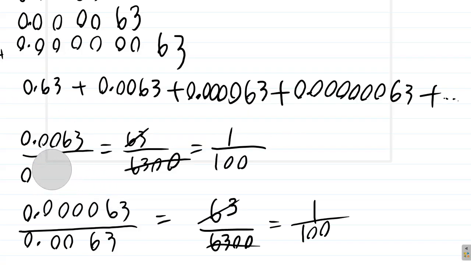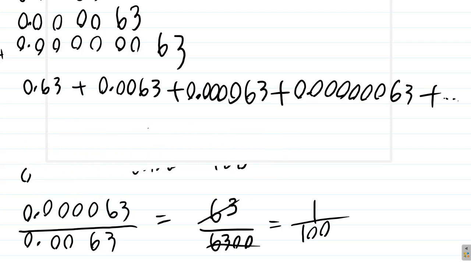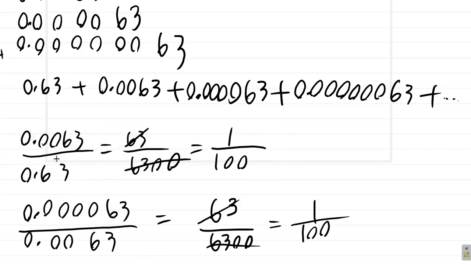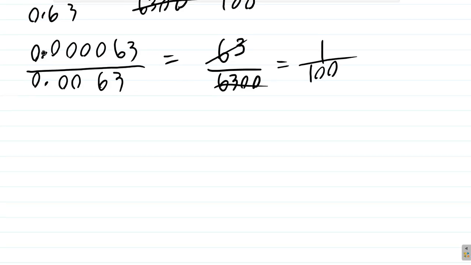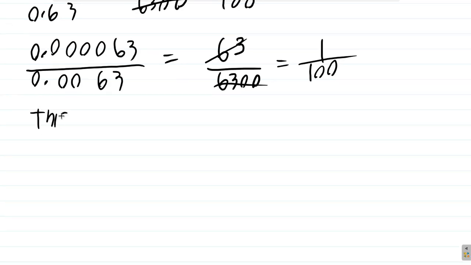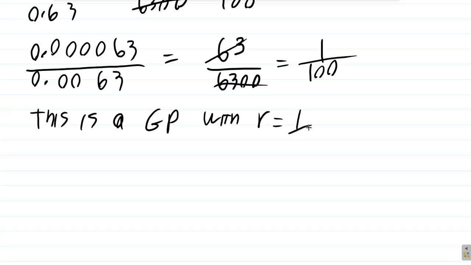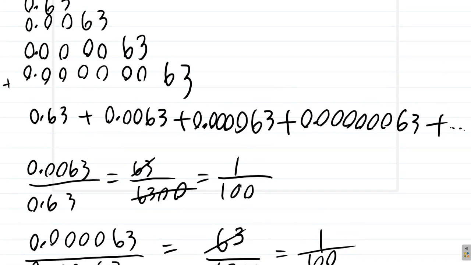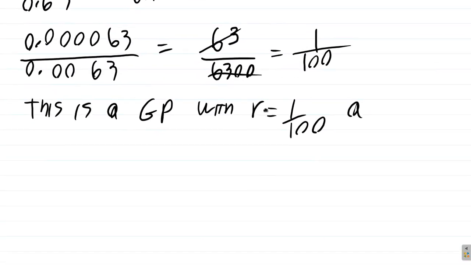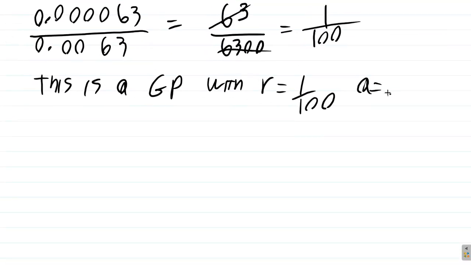Alright. So I could just leave this as homework, as rough work. So we can say that this is a geometric progression with common ratio equal 1 over 100. First term, what is the first term? The first term, a, is equal to 0.63. Okay.